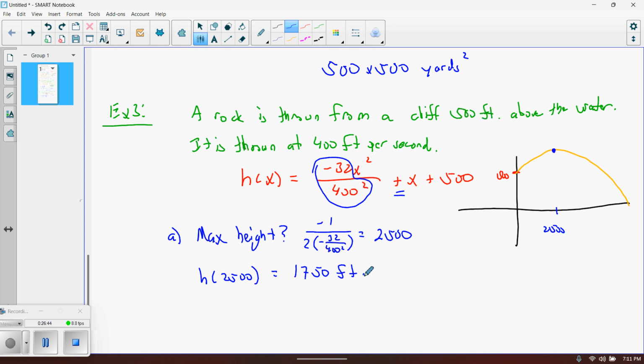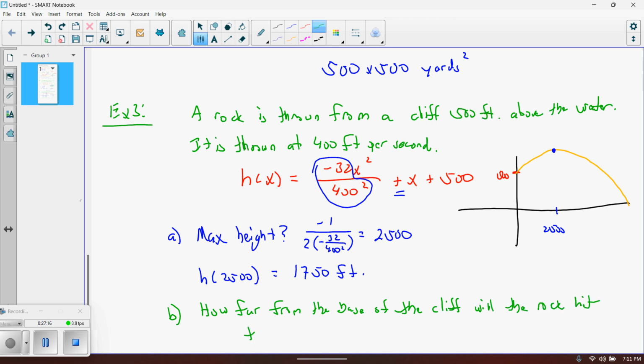The second question, or the second part, might say, how far from the base of the cliff will the projectile strike the water? How far from the base of the cliff will the rock hit the water?